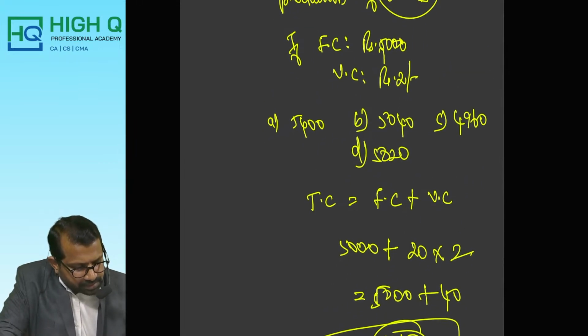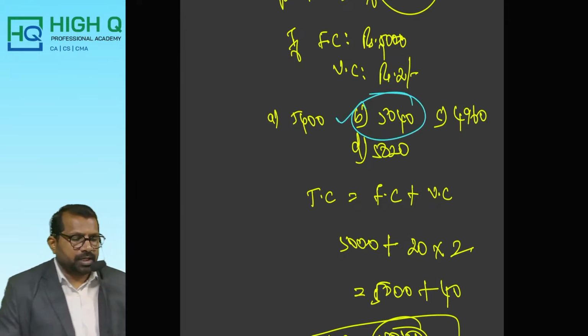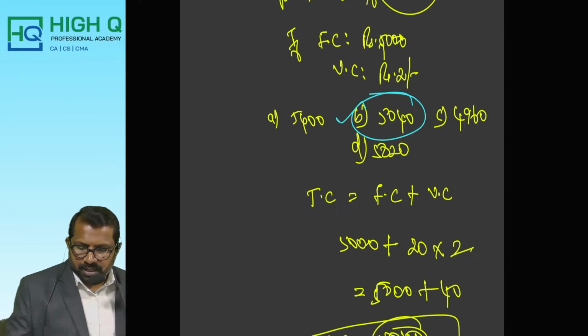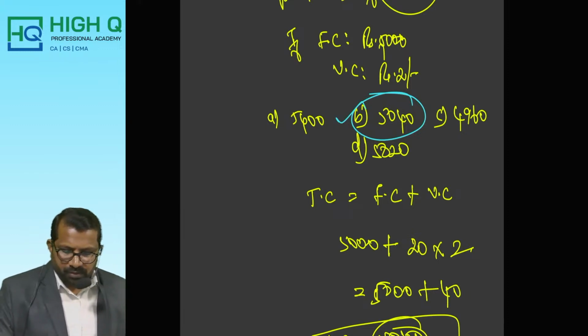So the answer is B, 5,040. So you can expect cost-related problems. That's why we have discussed two problems.